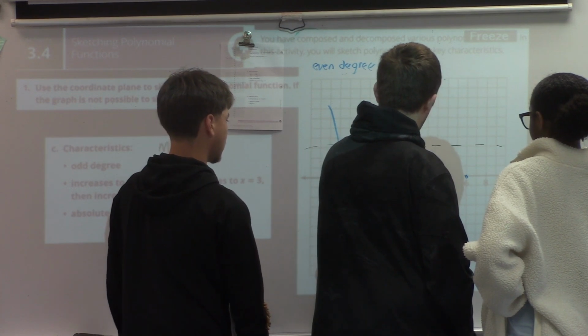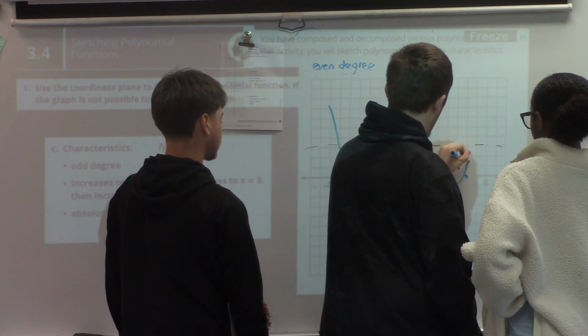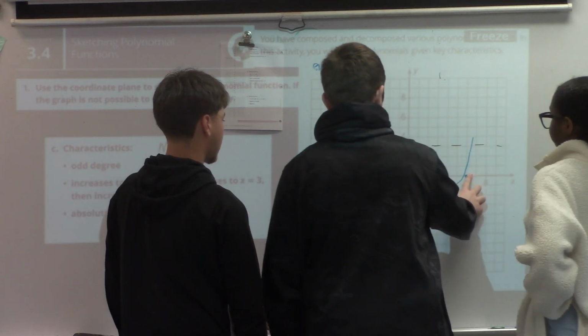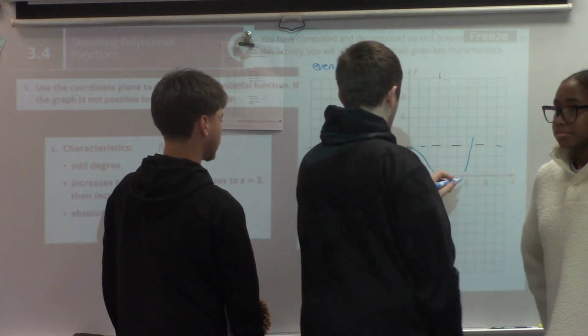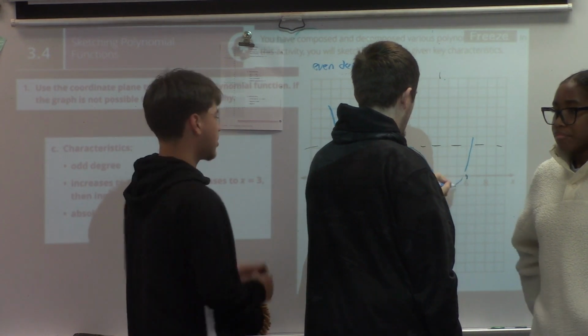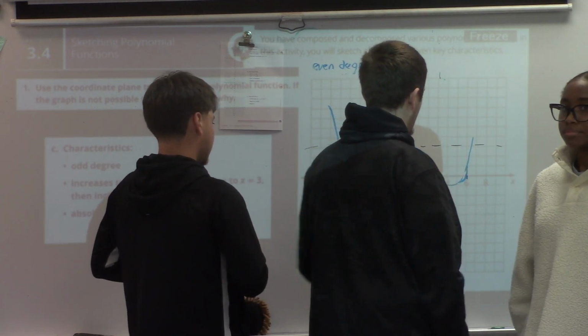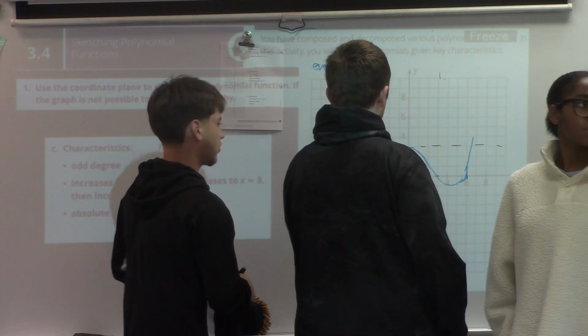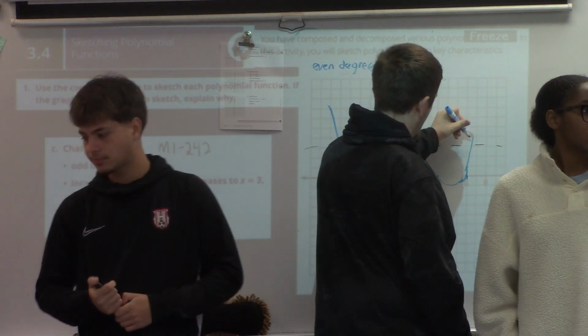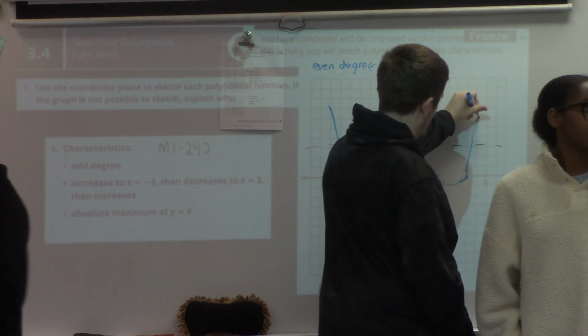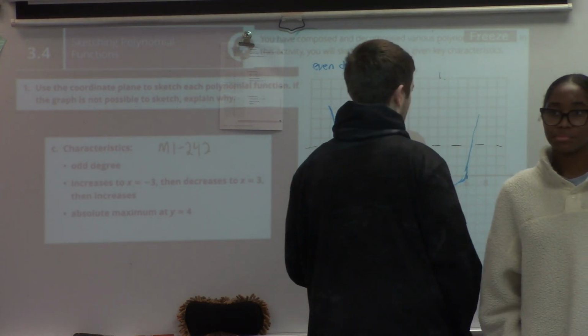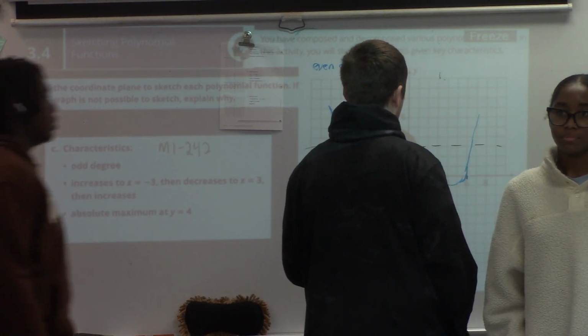I will make this note. A lot of us put our relative maximum right on the y-axis, right? And that's totally fine. As long as the y value is what? 3. But when I look over at the 8s, did they put their relative maximum of 3 at the y-intercept? No. Did this group over here make it at the y-intercept?